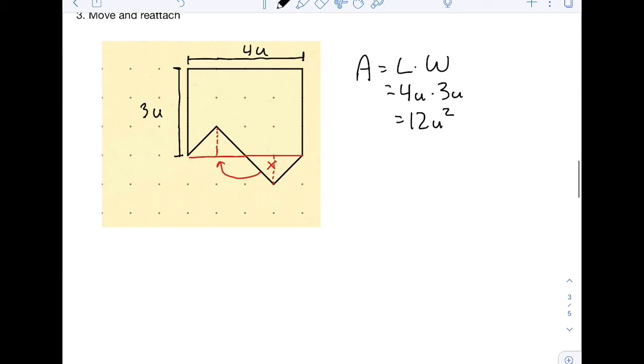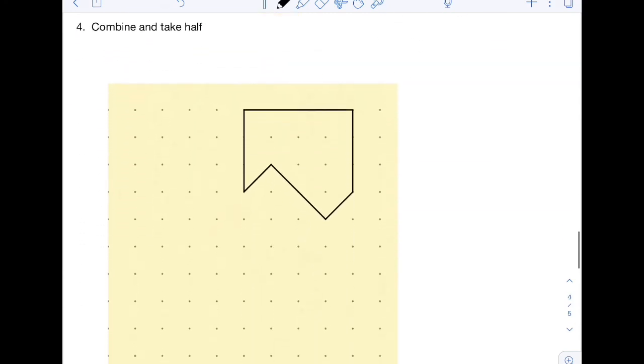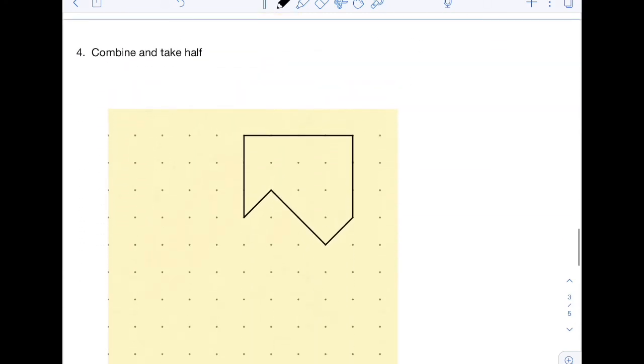One more strategy here, guys. This one we'll be using when we figure out area formulas for some other polygons. So let's practice it with this irregular shape. So I'm going to combine 2 copies and then cut them in half.